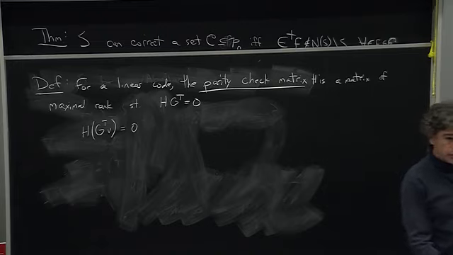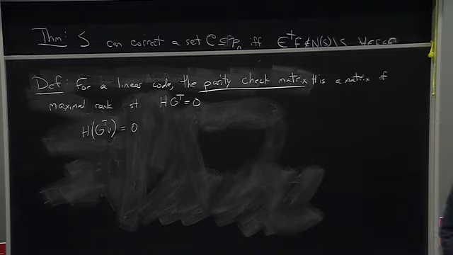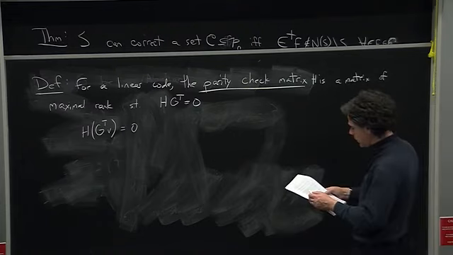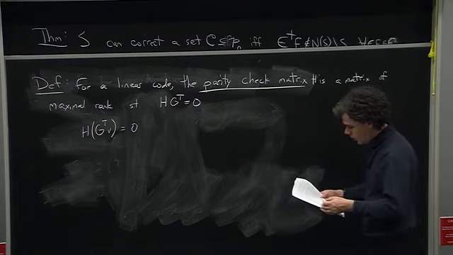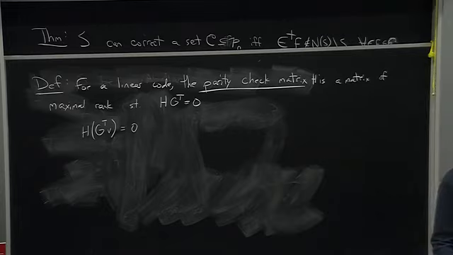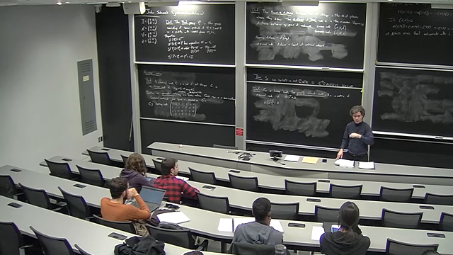So the parity check matrix is a set of constraints on the valid code words. If you apply H to the code word, you should get 0. Each row of the parity check matrix is basically a separate constraint.